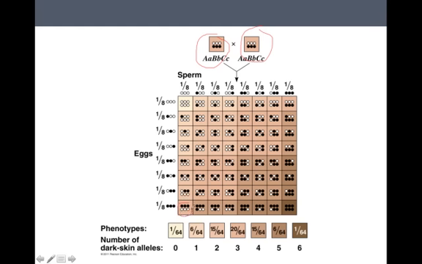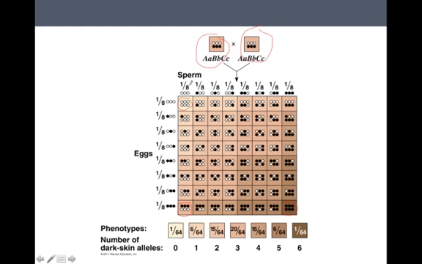So they're not fully recessive like you'd see here with the lightest pigmentation, and they're not fully dominant like you might see here with this skin pigmentation. But you could see how many different ways they could make their gametes.